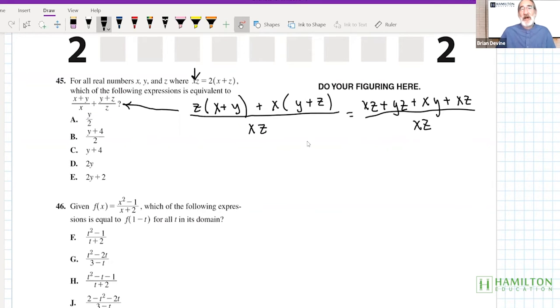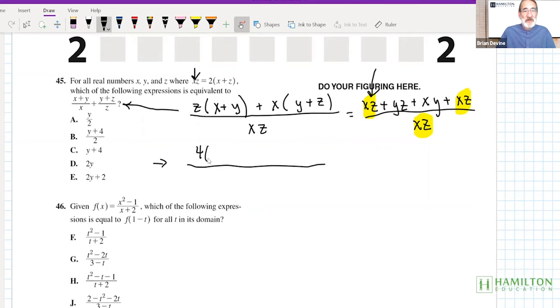And now I'm going to go ahead and sub in 2x plus z for all the xz's. Let me highlight them. This one here will become 2x plus z. This will become 2x plus z. This will become 2x plus z. So I'm going to end up with 2x plus z's on top.